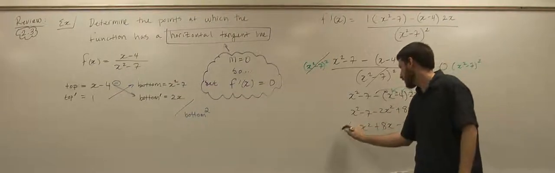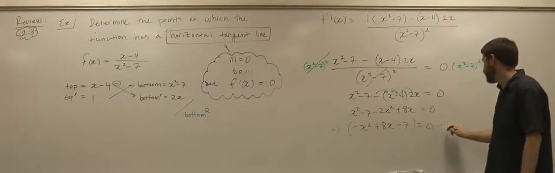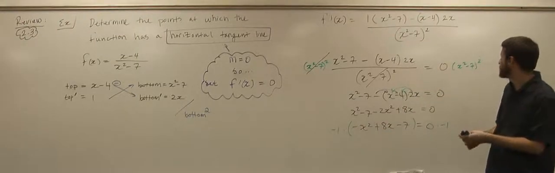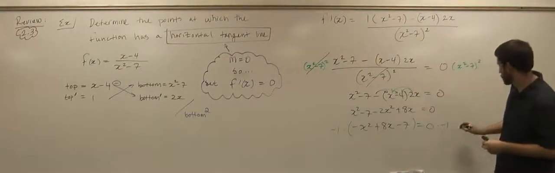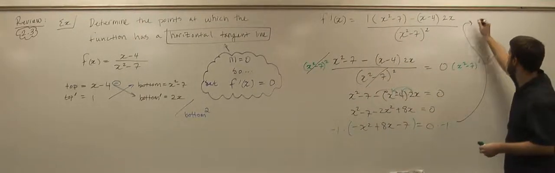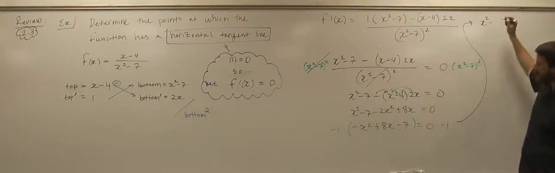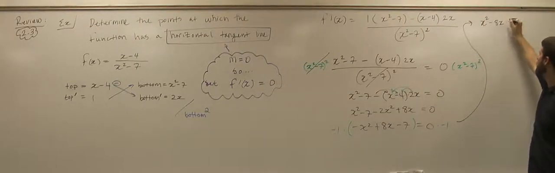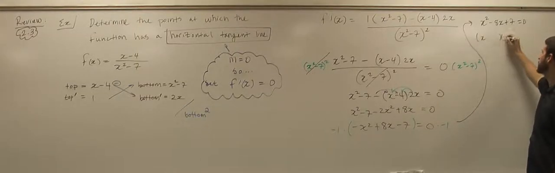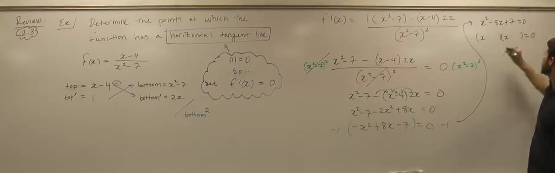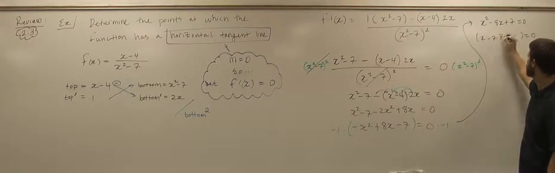That just flips all my signs. So this is going to end up being x squared minus 8x plus 7, which is factorable. Get rid of your quadratic formula garbage.